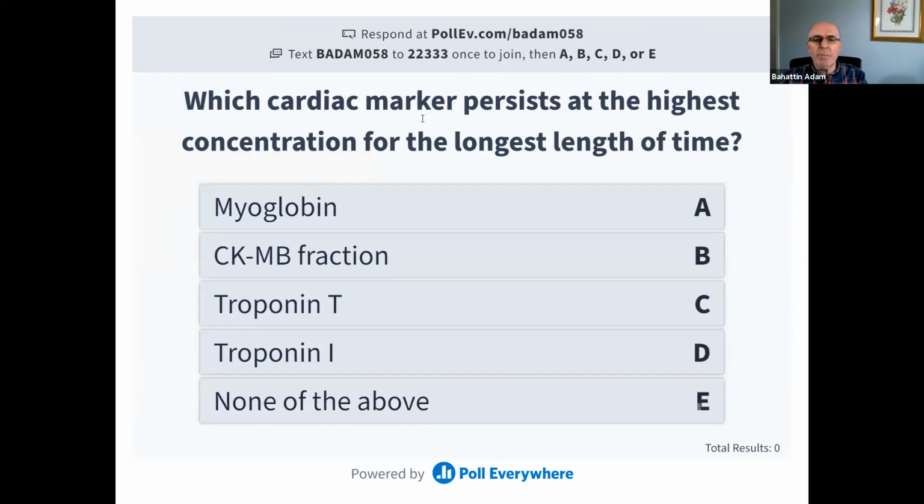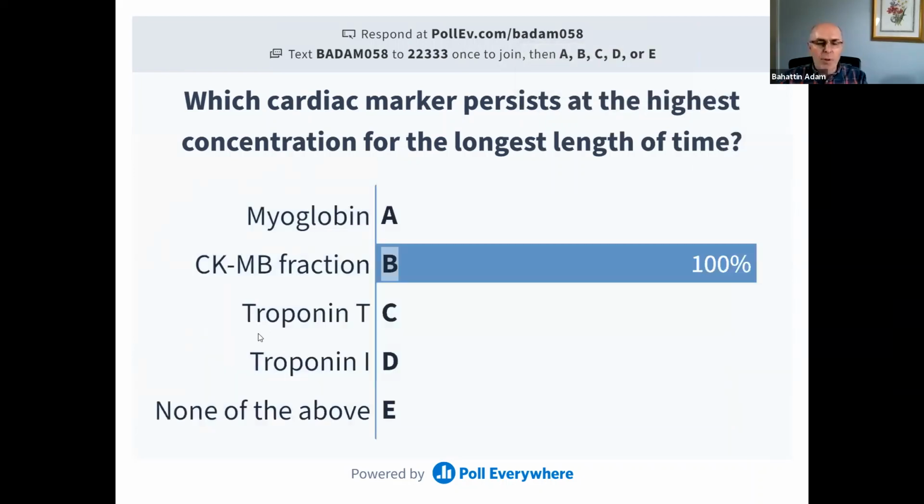Which cardiac marker persists at the highest concentration for the longest length of time? CK-MB, troponin T, troponin I, or none of the above. Troponin T is the correct answer.